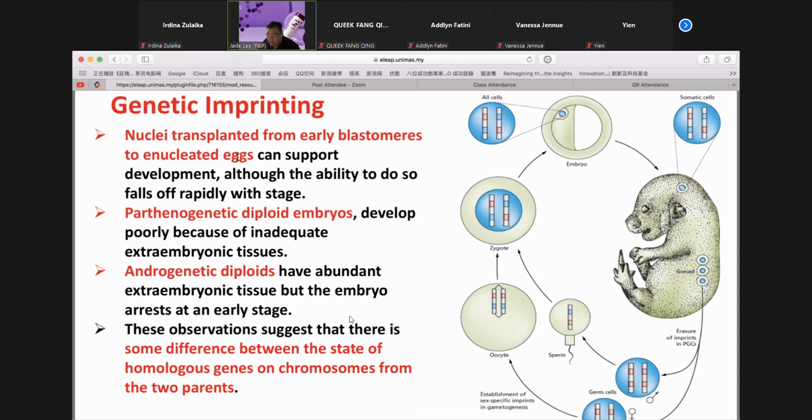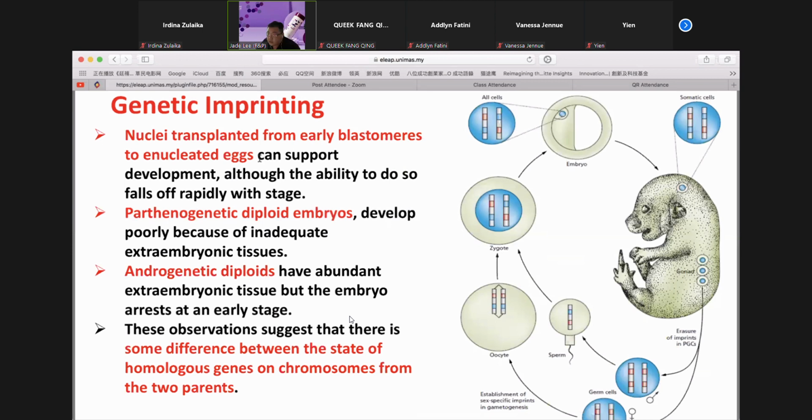Remember how Dolly was cloned? I showed you that we remove the nucleus from the egg, right? That one is called an enucleated egg.